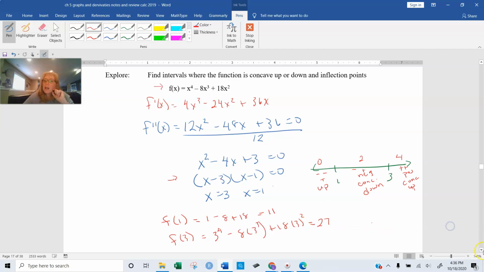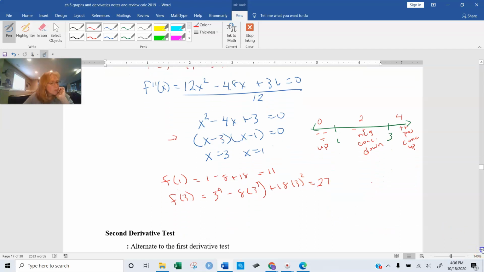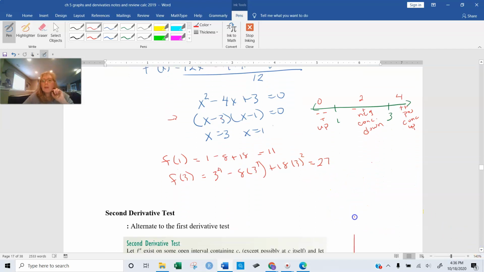I know I did not ask you to graph this, but just for fun, let's make sure we're doing okay. So here would be our graph. We would go to 1 and we would go up to 11. And then we would go to 3, and that would be up at 27.